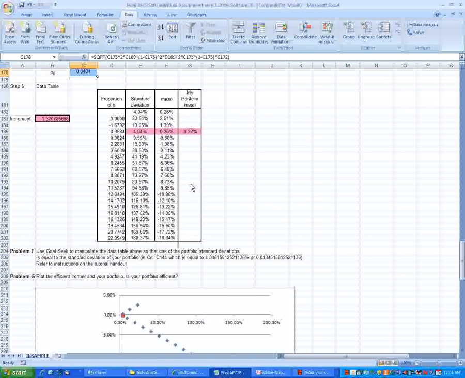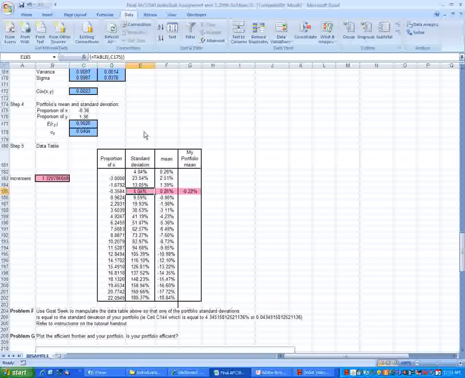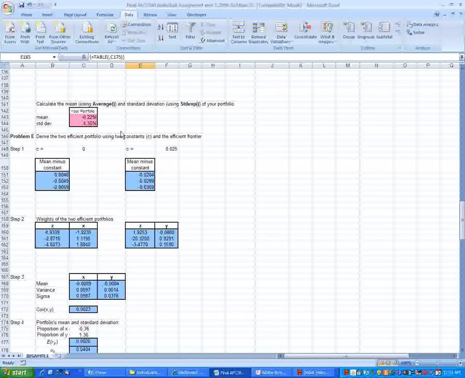Here we have a data table, and this data table is similar to the one that you saw earlier. What you need to do is, using GoalSeek, set your standard deviation in the pink here to the standard deviation of your actual portfolio, which is, in this case, 4.35%.